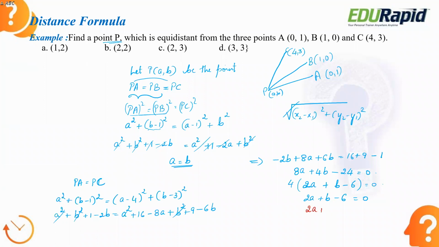So I can write 2a plus a is equal to 6. That will become 3a is equal to 6, which implies a is equal to 2. I got a as 2. So can I answer my question now? Right, because a is equal to 2, b also is equal to 2. So your right answer is option B, (2, 2).